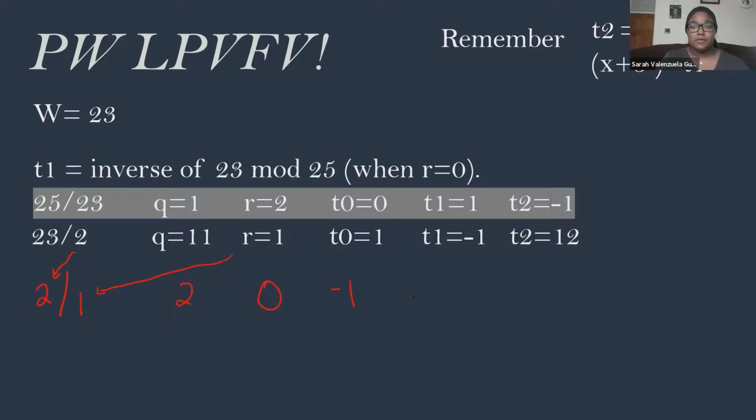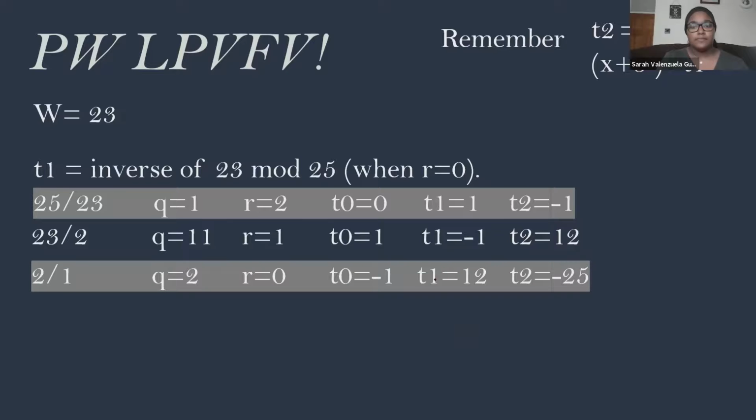T1 is going to be the previous T2, so it's going to be 12. As our remainder is already 0, our inverse is 12. So then we have that T1 is equal to 12, and x is equal to 9.